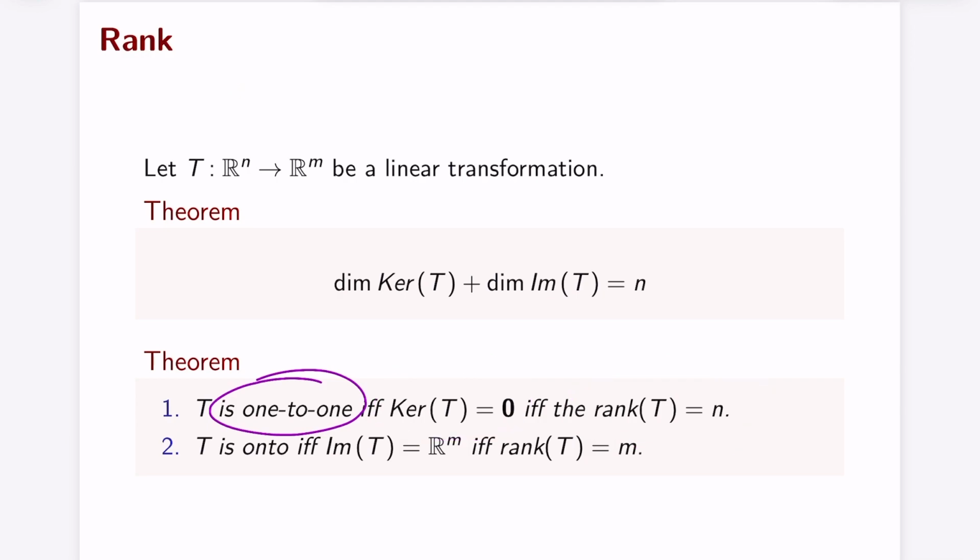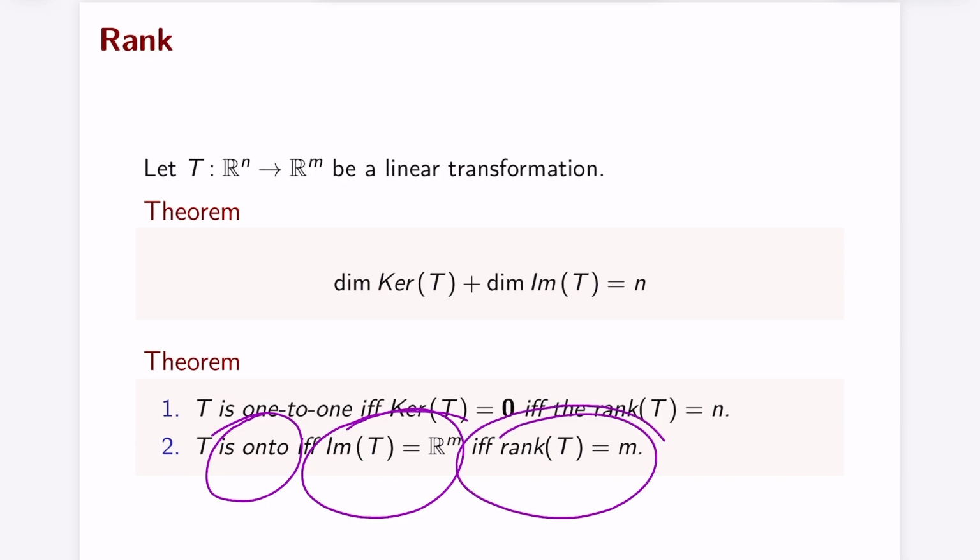In the same way, the second part of the result says that the transformation is surjective, which is equivalent to saying that the image is the whole codomain, and it's the same thing as the rank of the matrix being M, this one here.